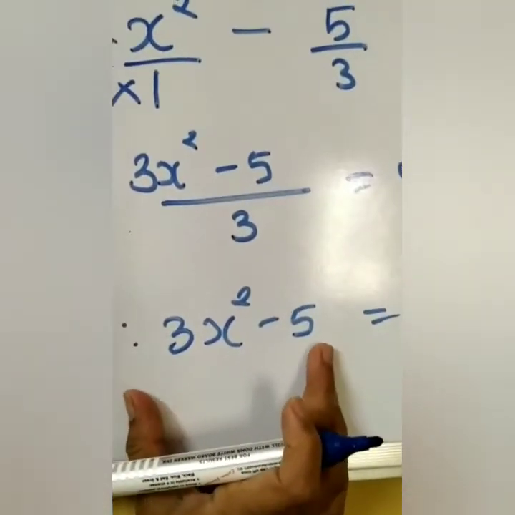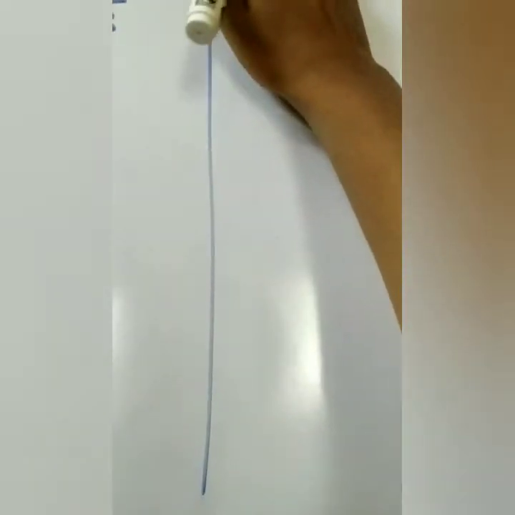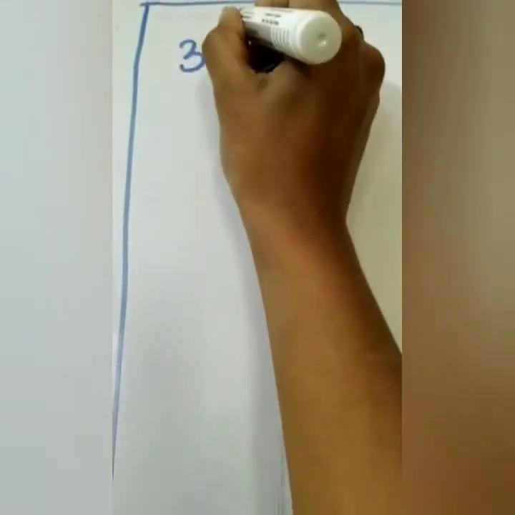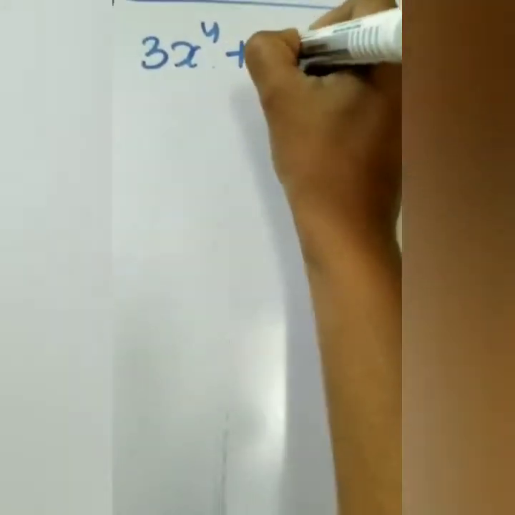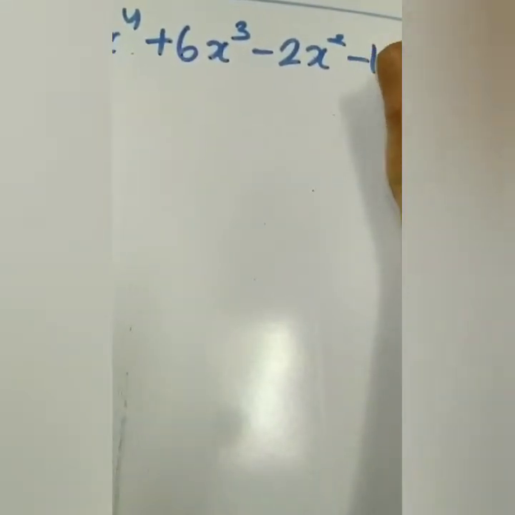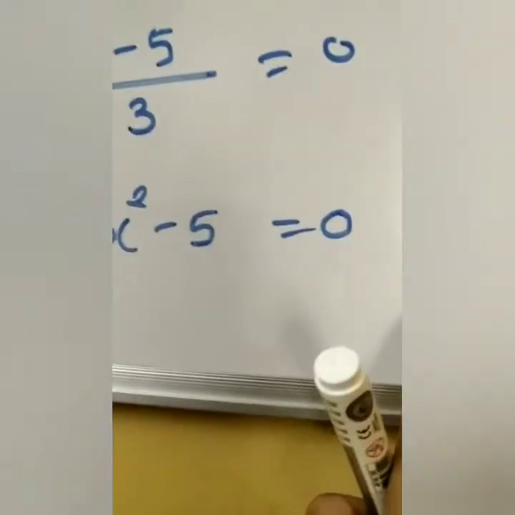Now we have to do the division method with this. So here we will write our question, that is 3x^4 + 6x^3 - 2x^2 - 10x - 5. And here we got 3x square minus 5, which equals 0.